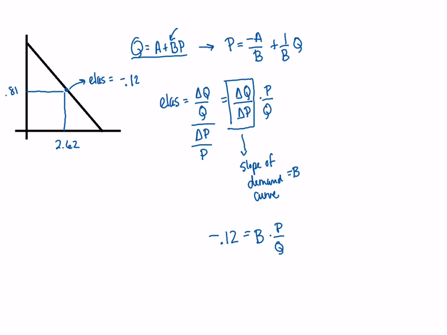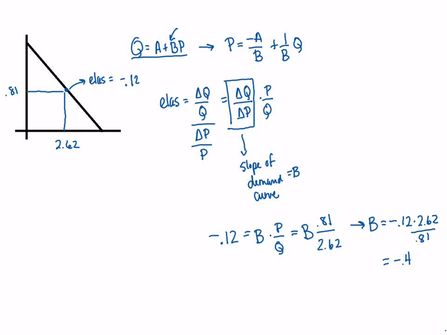And we know in this case that price is equal to 0.81 and quantity is equal to 2.62. So we can rearrange this. We get that B is equal to negative 0.12 times 2.62 divided by 0.81. And that together is equal to about negative 0.4.